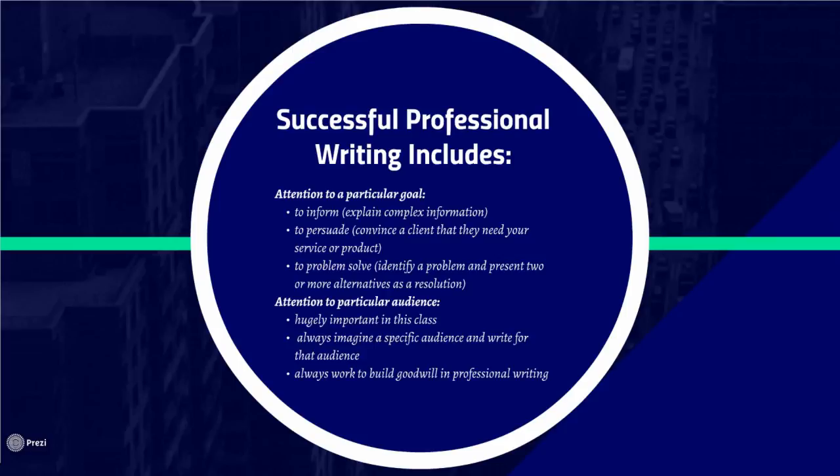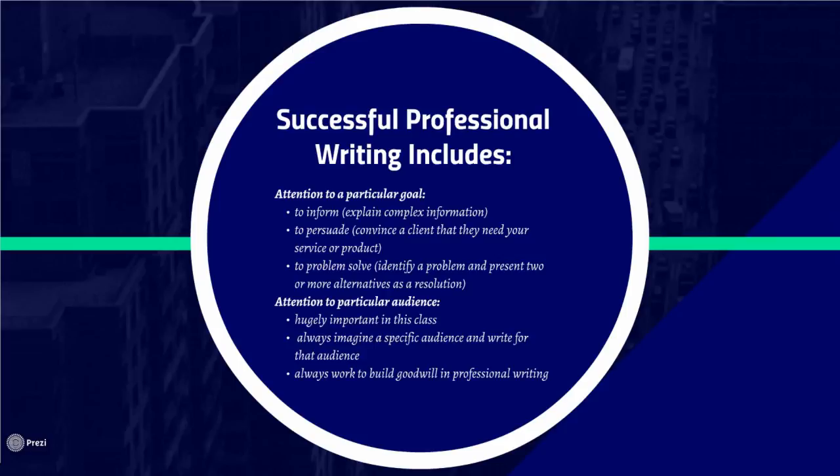We might want to convince our audience of something, maybe that they need our service or our product, or to problem solve. Often you're identifying a problem in a piece of professional writing and then comparing two or more solutions and proposing a resolution to that problem. That's what we'll be working towards as we work towards the business report that you'll produce as collaborative groups towards the end of the summer.